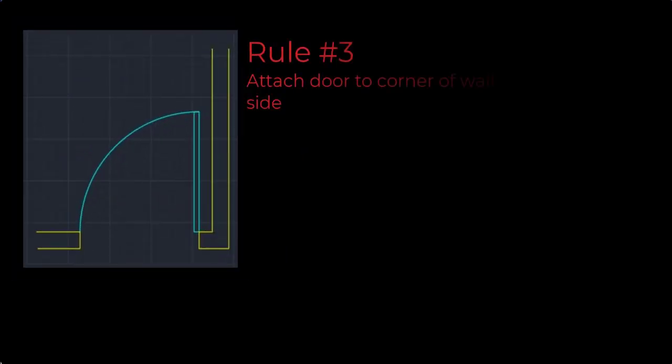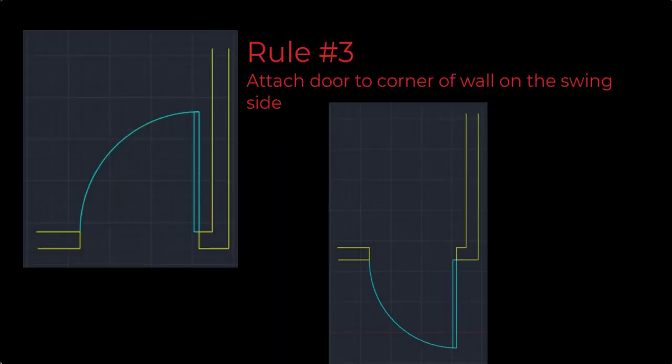The next thing that you need to know is that the door attaches to the same side of the wall that it swings, never the opposite side. So if I wanted to place this door so that it swung into the room, I would place it along this line. If I wanted this swing to be on the outside, so if I wanted it to look like this, then I would place this door onto this line.